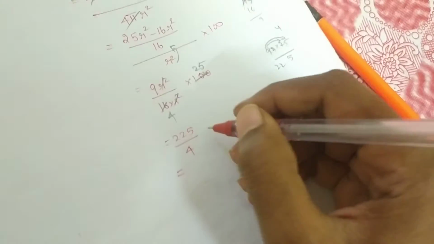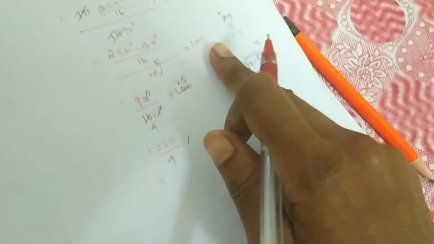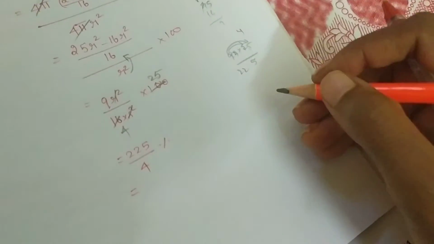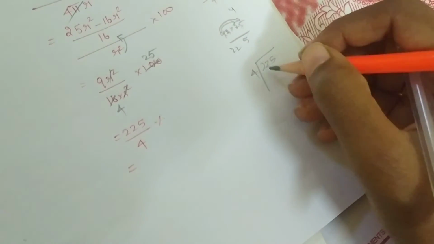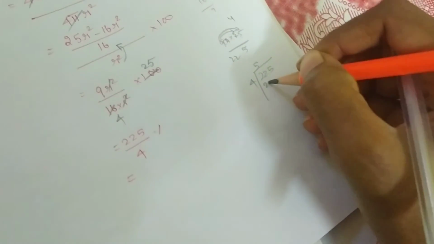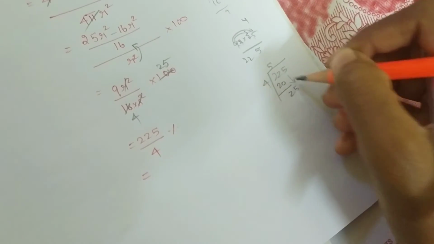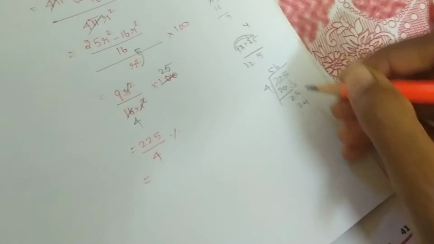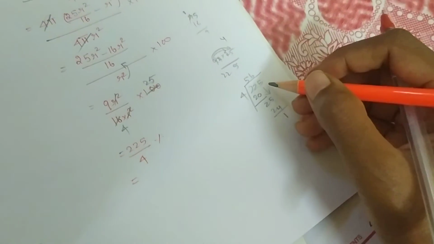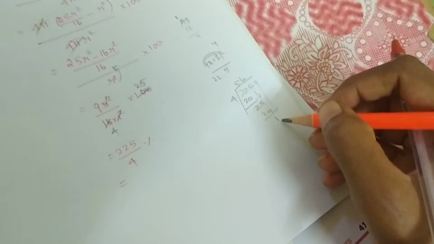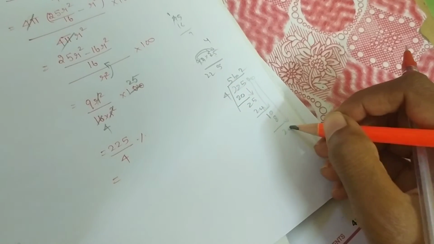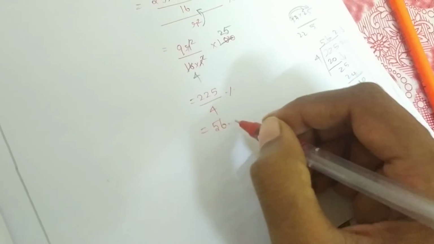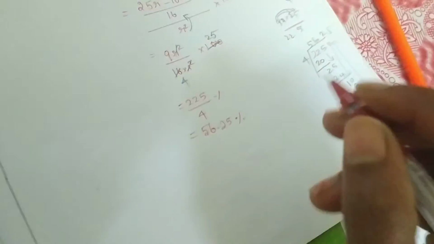How many percentage? It should be a percentage, because multiplying into 100 gives the percentage. Dividing 225 by 4: 4 times 5 is 20, then 4 times 6 is 24, put a point, and 4 times 5 is 20. So we get 56.25 percentage.